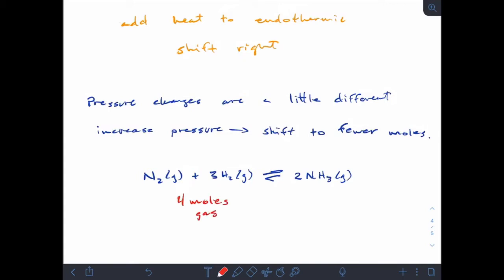And the fact that it's gas is important. Let me put that up in here, fewer gas moles, okay? And on the right-hand side of the equation, I have 2 moles of gas.